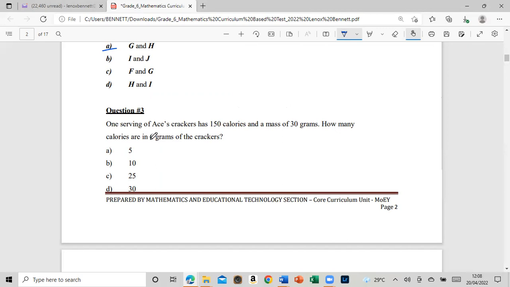And it says for 6 grams. So let us take it from that angle. So we divide 150 by 30. That would be 5. All right, so it would be 5 times 6. So that is 30. So number 3 would be D.